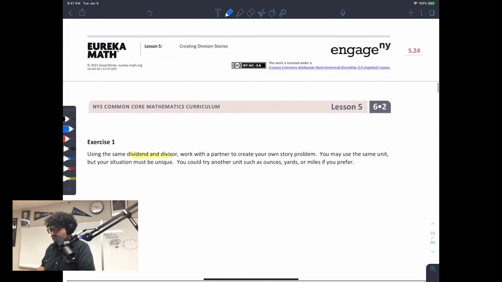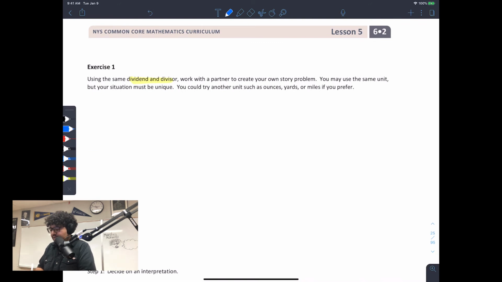Okay, so using those same numbers, 1/2 divided by 1/8. So work with a partner to create your own story problem. You may use the same unit, but your situation must be unique. Try other units such as ounces, yards, or miles if you prefer.